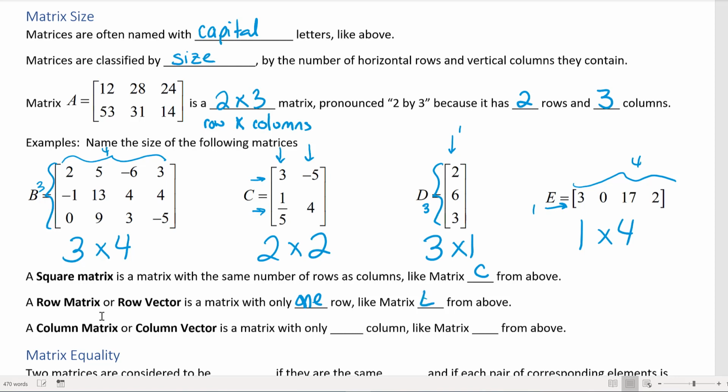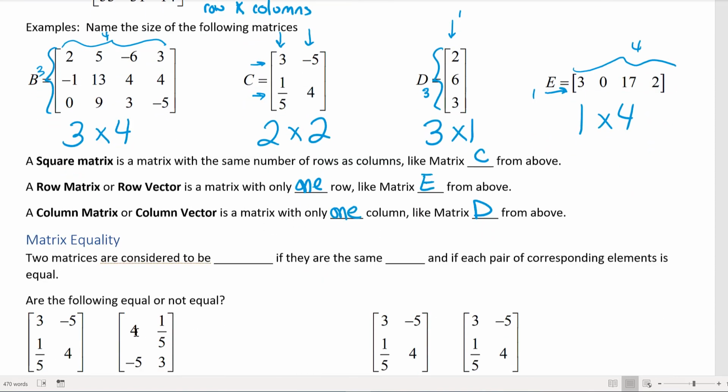E. E only has 1 row, and so matrix E can be named as a row matrix or a row vector. Similarly, a column matrix or column vector is a matrix with only 1 column, like matrix D from above. Notice D only had 1 column, so therefore we can call that a column matrix or a column vector.